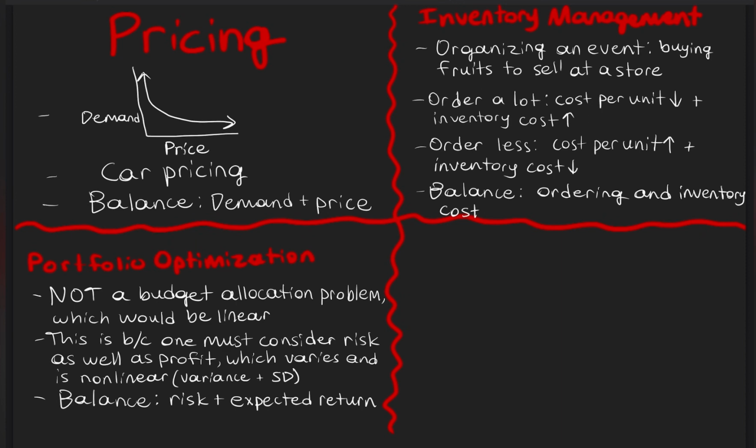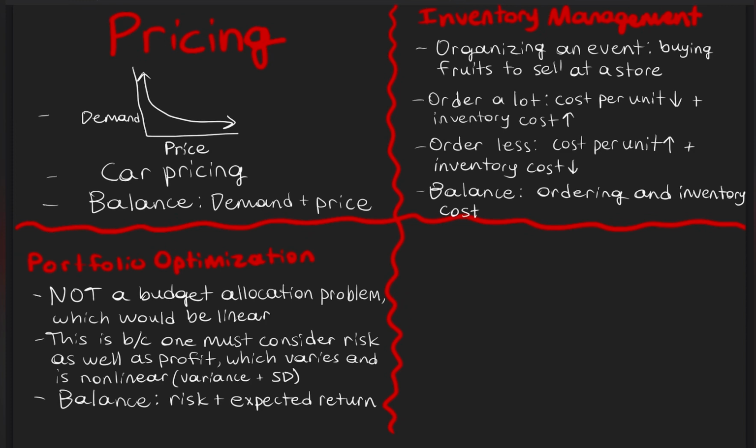And we know risk is nonlinear because the formulas for calculating risk are variance and standard deviation, and these formulas themselves are not linear. In portfolio optimization, we're balancing risk and expected return.